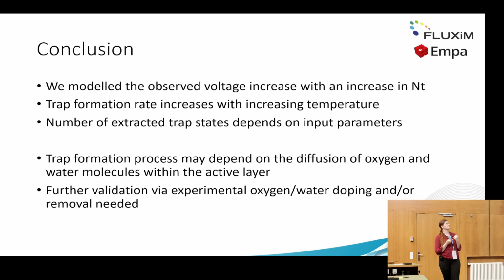And what we also could see is that the trap formation rate increased with increasing temperature, meaning that actually a diffusion process might be viable. And also we saw that the number of extracted traps is very dependent on the input parameters. So what we can say is maybe we have this diffusion of oxygen and water molecules as a process for the trap formation, and we need to investigate this further.